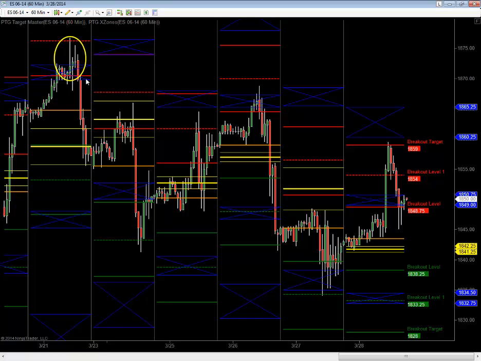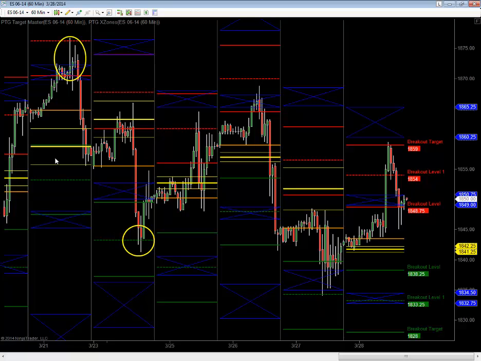So in a case like this on 3/21, prices had pushed up, and you can see how they stopped and topped out right at a Target Master level, and within the context as well of the statistical X zone. You can see again down here at the lower edge, prices found support and reversed at another key Target Master level.